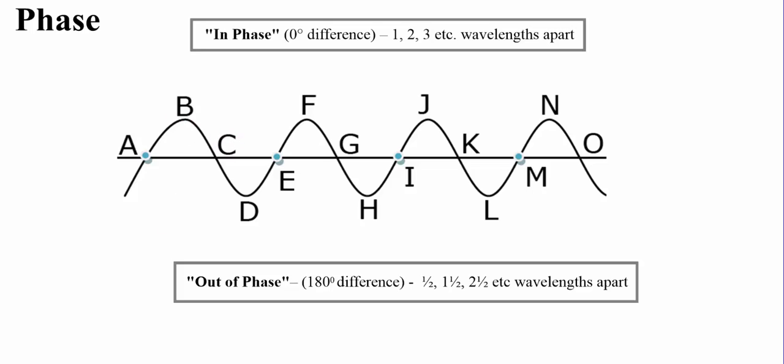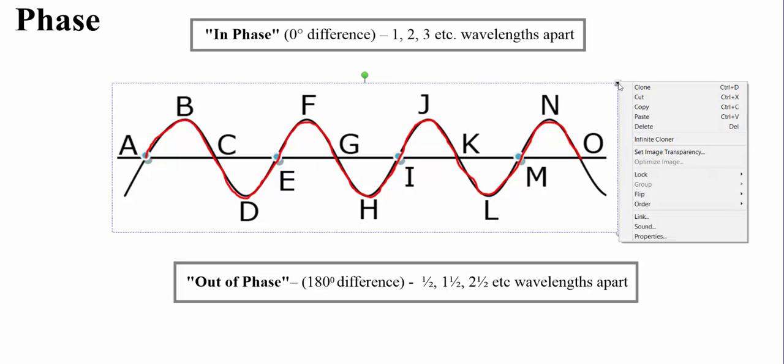We can also have entire waves that are in phase or out of phase. For example, I'm going to draw a red wave right on top of the black one here just so I can manipulate it. That red wave is in phase with the black wave.